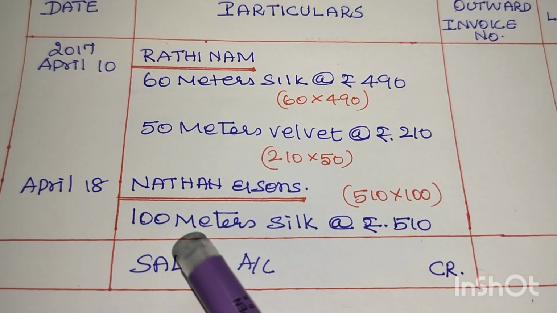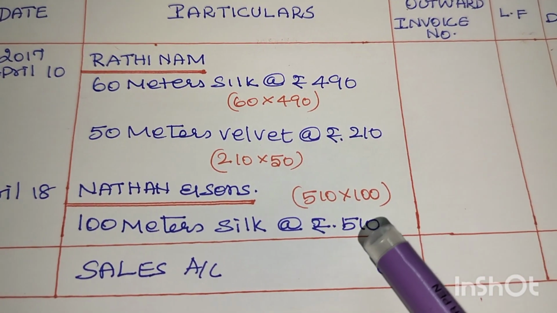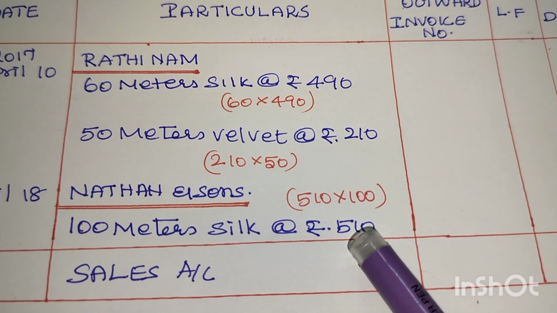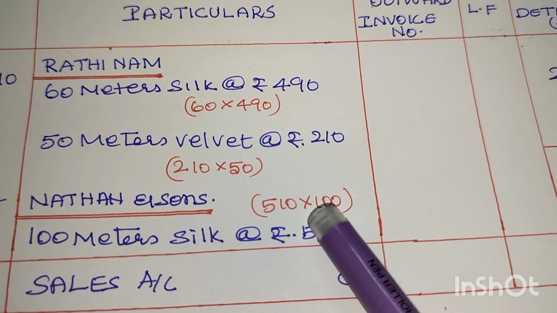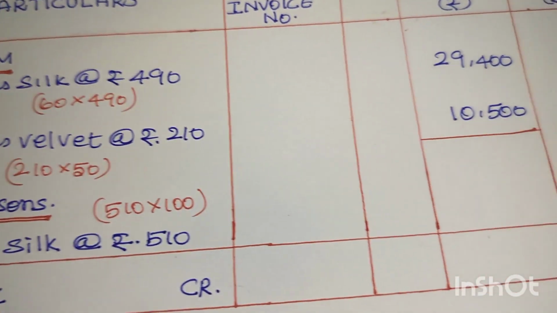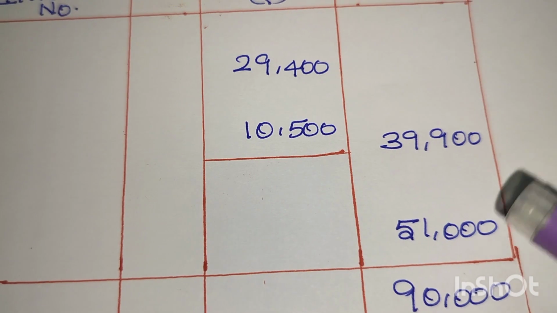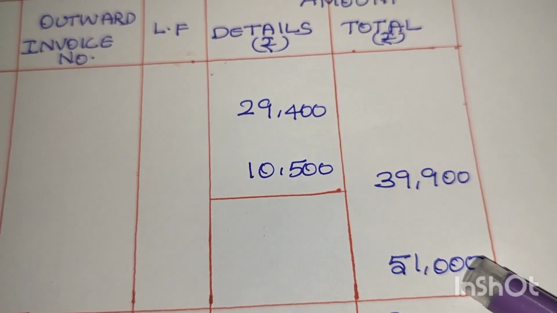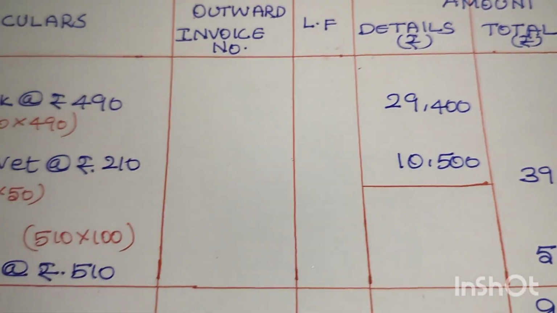The detail of the product is 100 meters silks at rupees 510. So how do we calculate? We have to calculate 510 rupees into 100. How much do we get? We got 51,000. So we directly entered 51,000 in the total column.